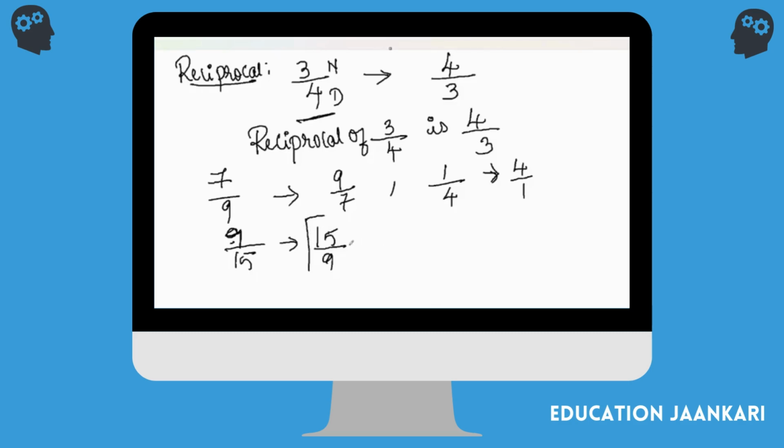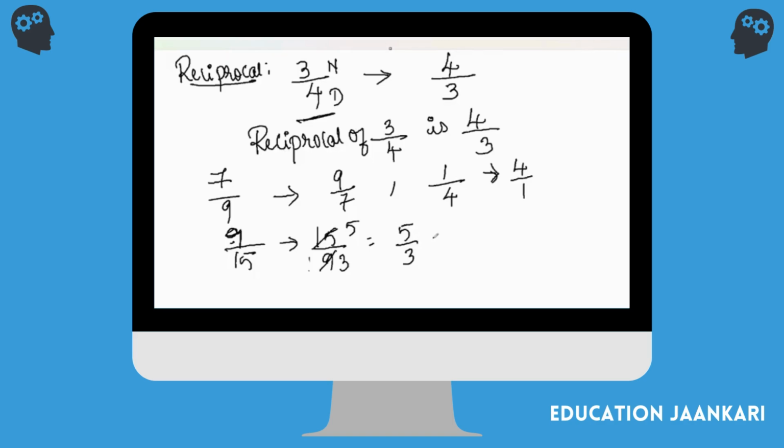Yes, ma'am. Which table will you use to divide these two numbers? 3. 3 fives are 15 and 3 threes are 9. So the final answer will be 5 by 3, right?